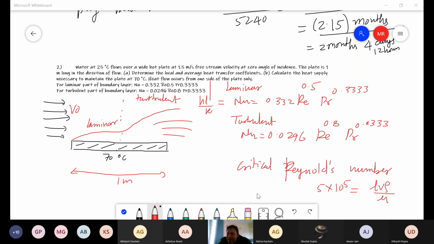Similarly, there are correlations given based on data. Why did the concept of the heat transfer coefficient come into place?